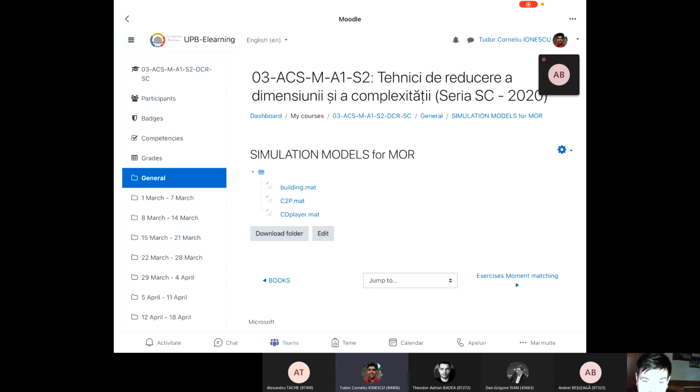Download the files. Open MATLAB and generate the data about each of these files: about the building, about the pendulum, about the CD player. Can you repeat, please, what to generate? The data.